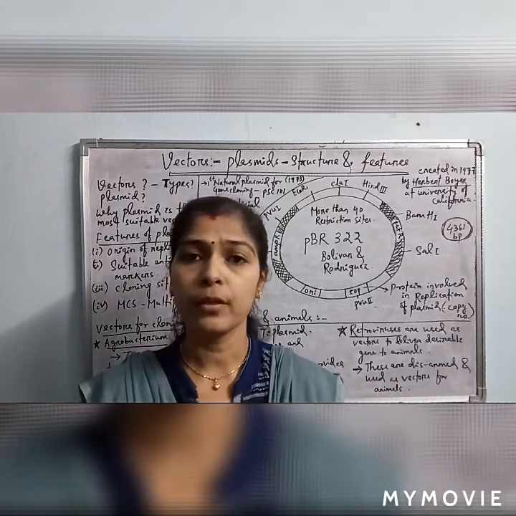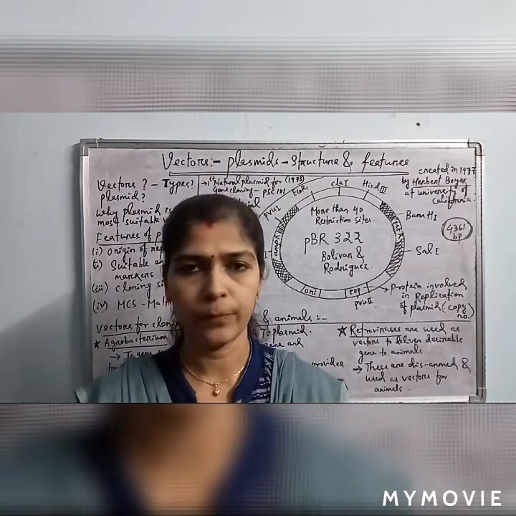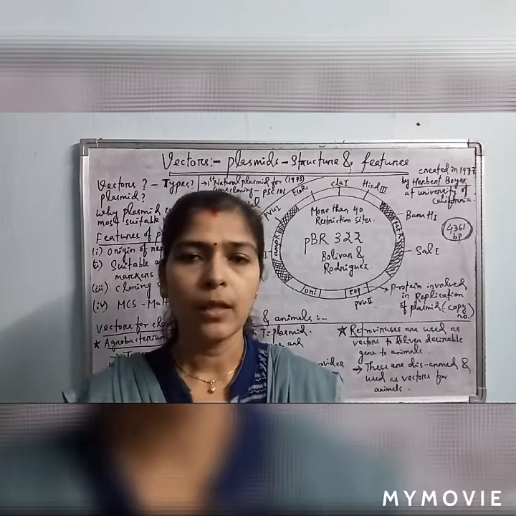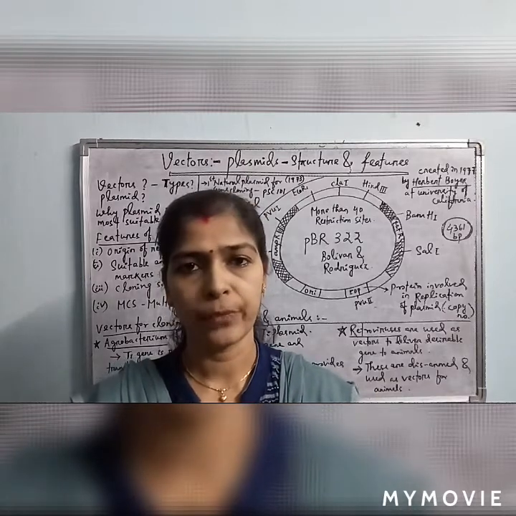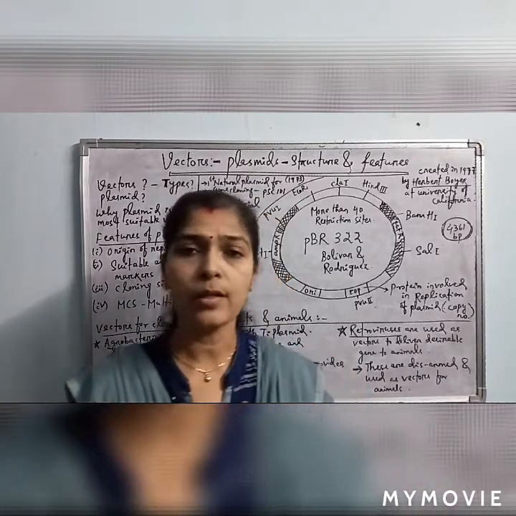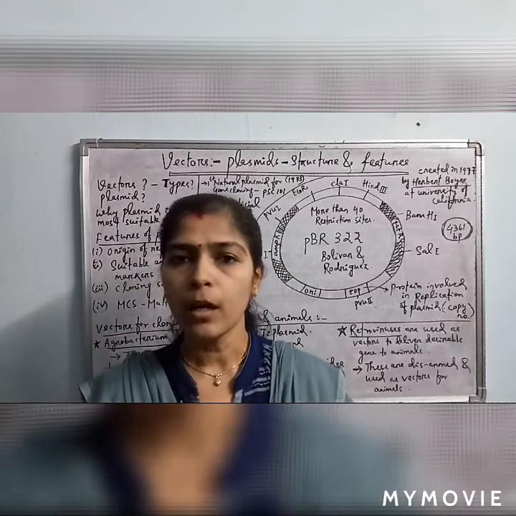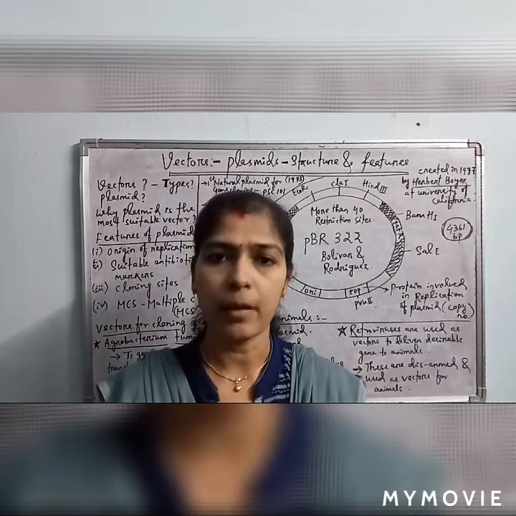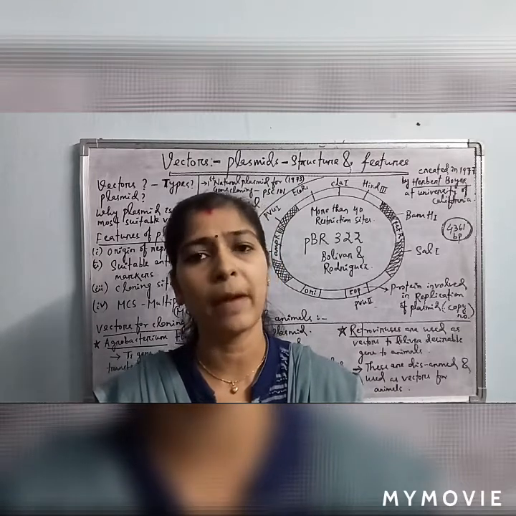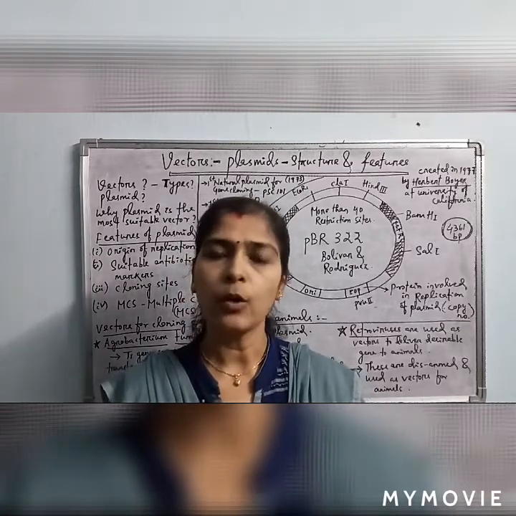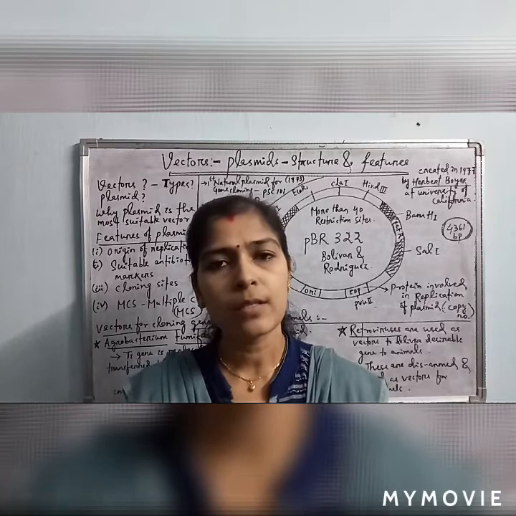But if the host is a plant or an animal, then what type of vectors are used? We know that nowadays many plants are made transgenic. How are these transgenic plants created, and how can the desired gene be inserted into the plants?